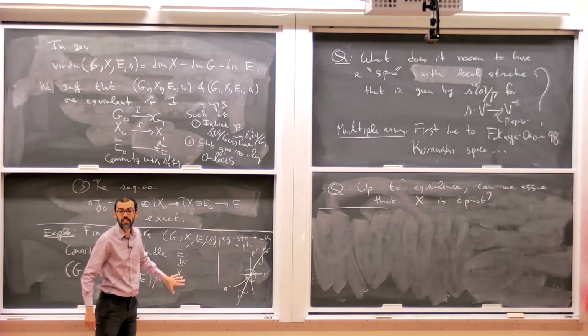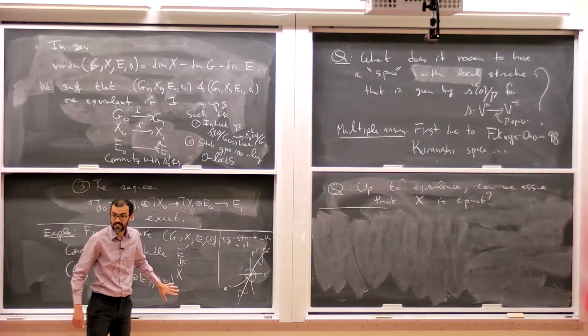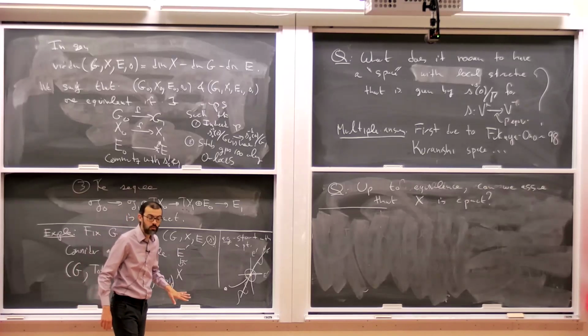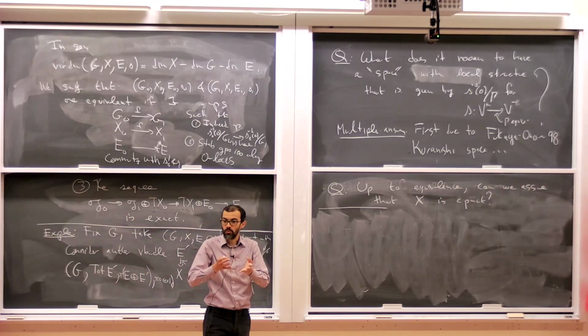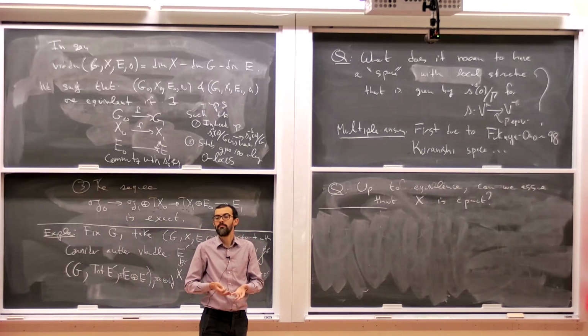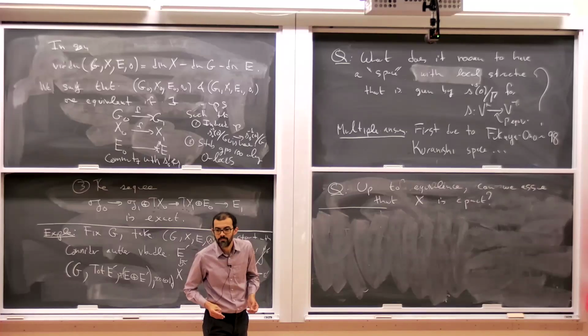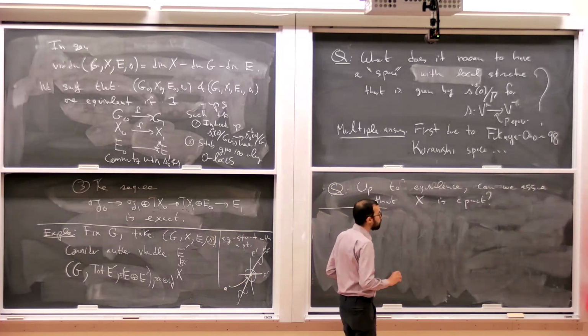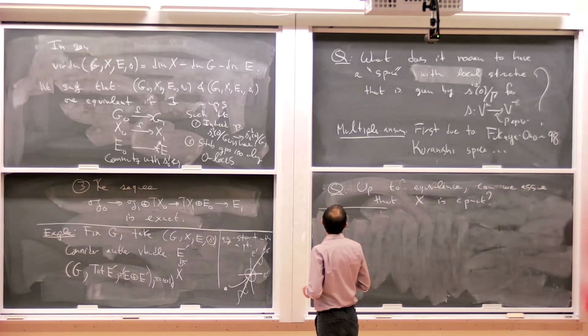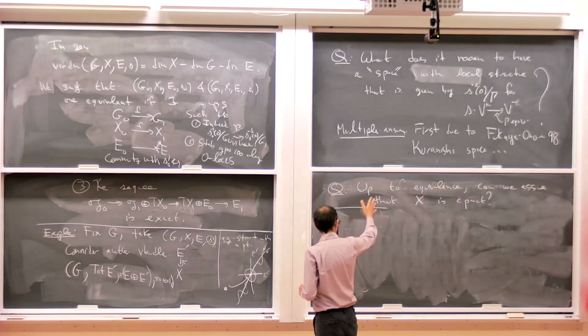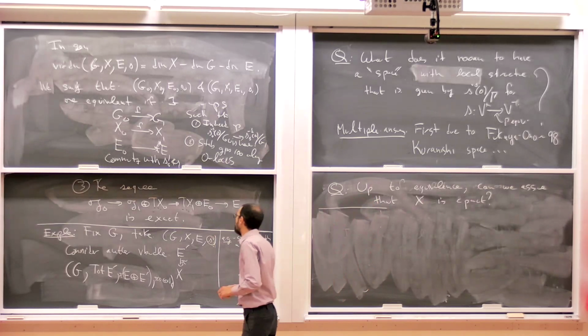The dimension of the underlying orbifold is not an invariant in this world. So now the question is, up to equivalence, can you ensure that the ambient orbifold is actually compact? Anyway, I'm happy to talk later. Okay, so that's the question. This is a question I don't know the answer to.